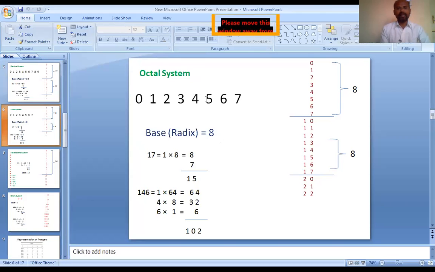That's why base or radix becomes 8. Right? And how does counting happen in the octal system? It starts with 0, 1, 2, 3, 4, 5, 6, 7. When all the symbols are used one time, there is no other symbol to count the next item. So we make use of the same symbols again for the next time.